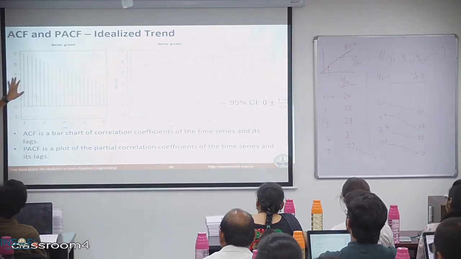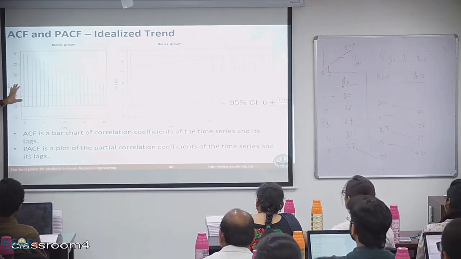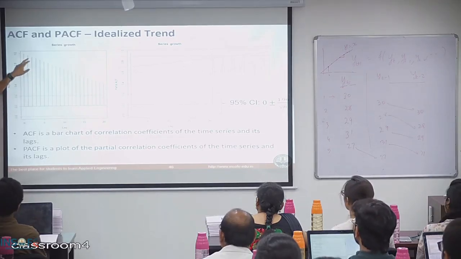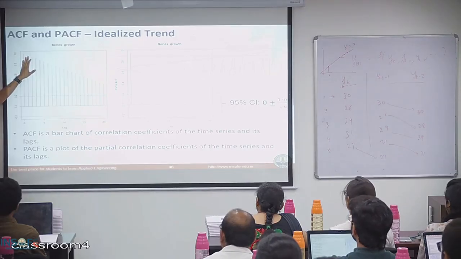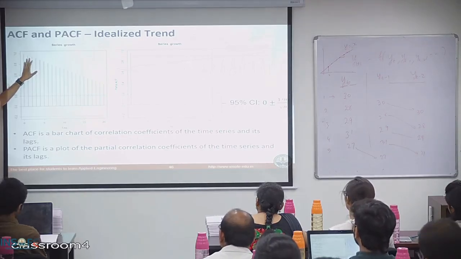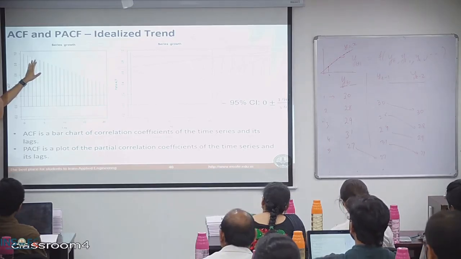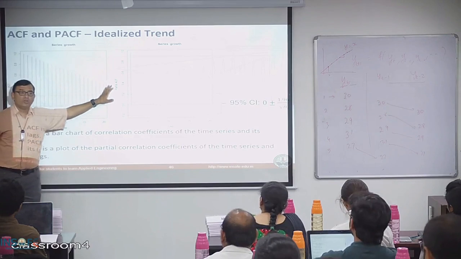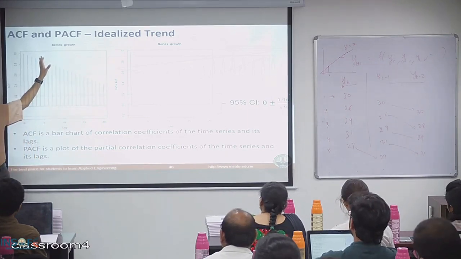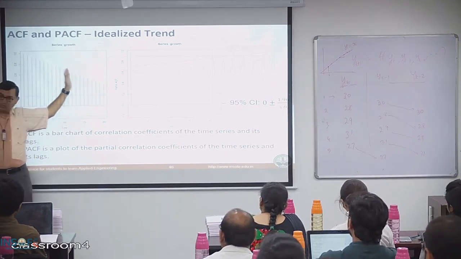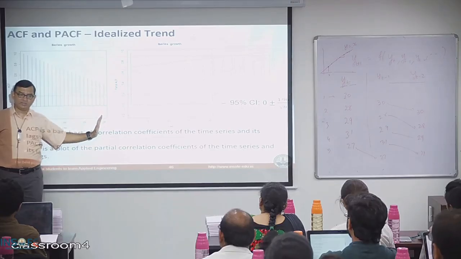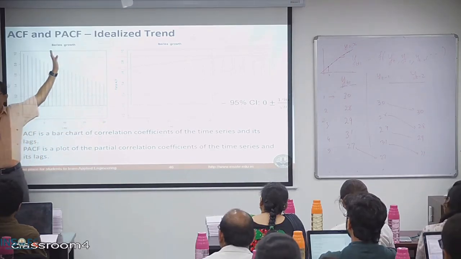The ACF chart, autocorrelation function, you see has a very high value for lag 1. For lag 2 also it has a high value, but slightly lower. Lag 3 high value, but slightly lower, and so on. It's a slowly decreasing function. The ACF is slowly decreasing as lag increases, but with very high values.